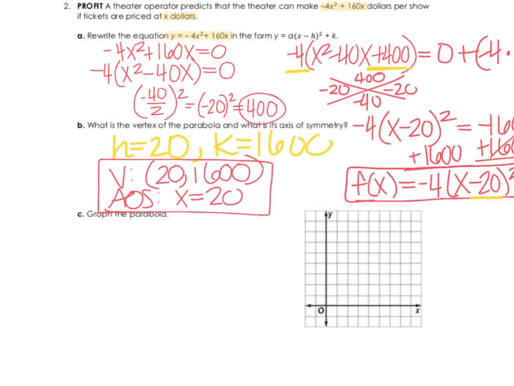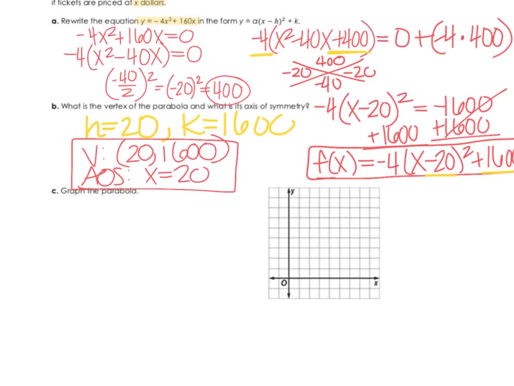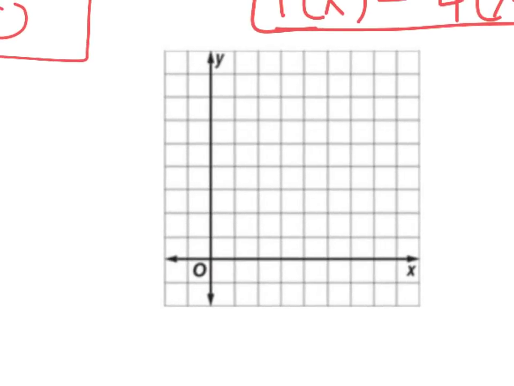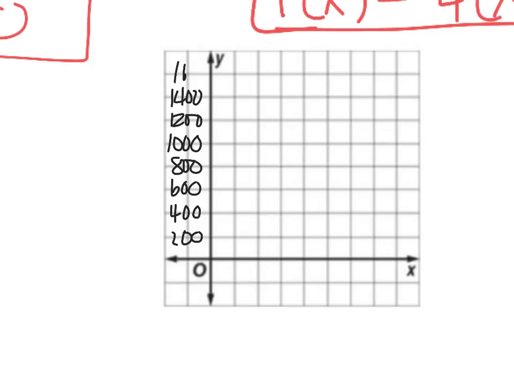Now we want to graph the parabola. So first things first, let's label our axes on our graph. And we know that we're going to have to go as high as 1600. So I'm going to go by 200s here in order to label the y-axis. So 200, 400, 600, 800, 1,000, 1,200, 1,400, 1,600, because we know our vertex is (20, 1,600).